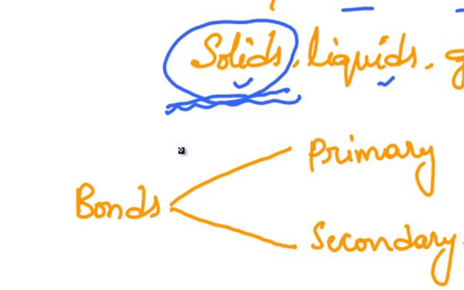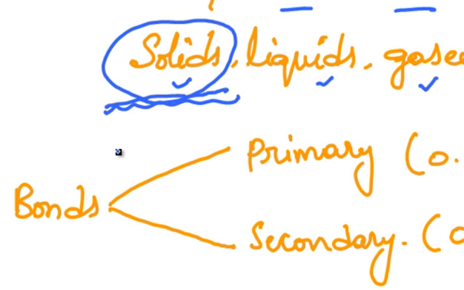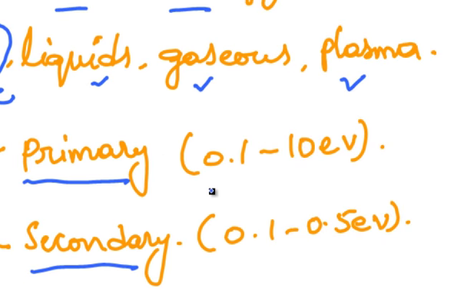Depending on the strength and directionality, bonds are classified into two types. They are primary bonds and secondary bonds. By the virtue of nature, primary bonds are interatomic bonds and secondary bonds are intermolecular bonds. Bond energies of the primary bonds are in the range of 0.1 to 10 electron volts, and the range of bond energies of secondary bonds are 0.1 to 0.5 electron volts.